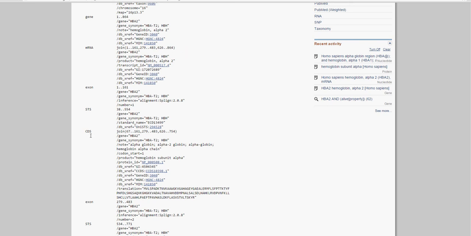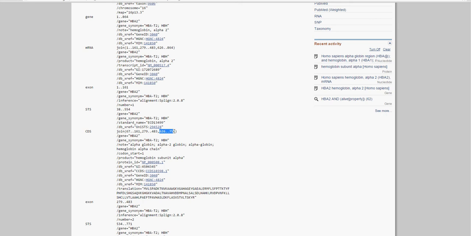Now, the coding sequence means the translated region. It tells us that the translated region is 67 to 161. That means 1 to 66 is the 5' untranslated region, or 5' UTR.